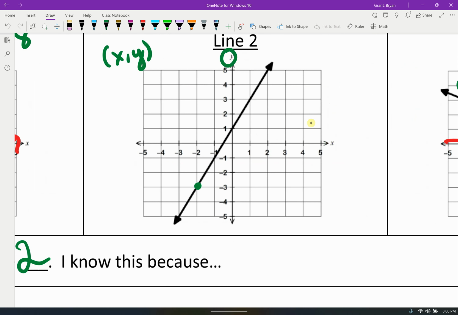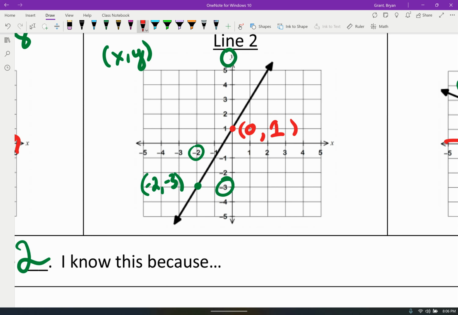X-axis, y-axis. To name this point here, we have two important numbers, -2 and -3. -2 is the x, -3 is the y. We're there. But then let's look at one more point on here, which is this guy right here. Oh, that's not right. 1, 0 would bring us over here. This is the point 0 along the x-axis, 1 on the y-axis.